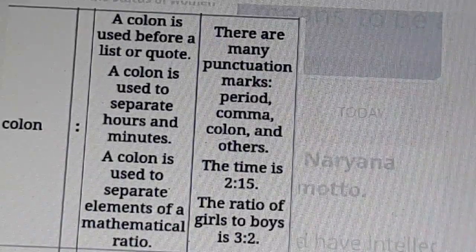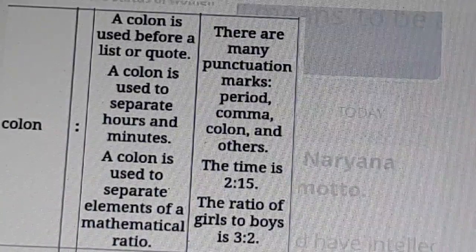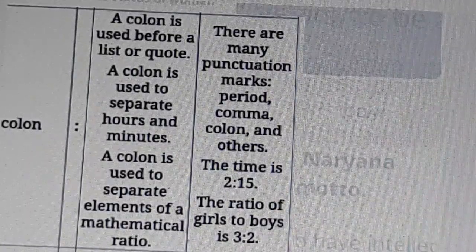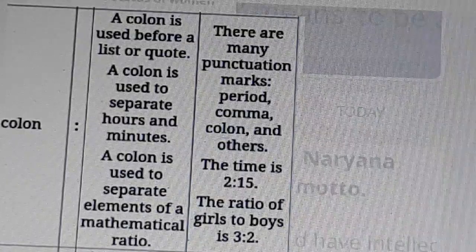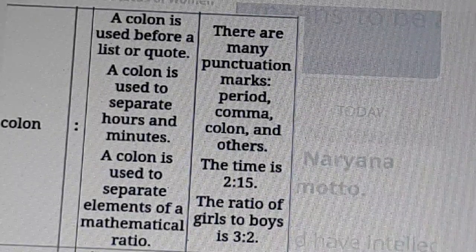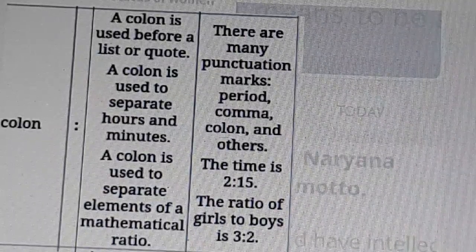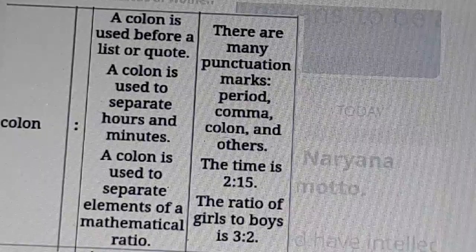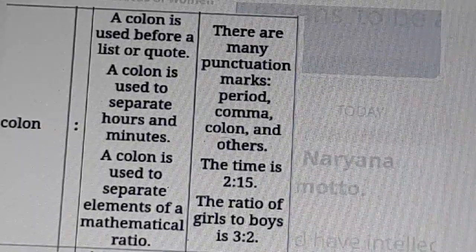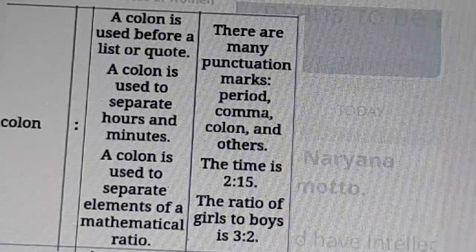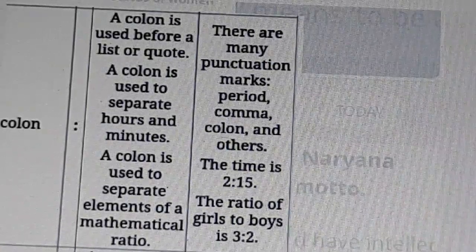Colon. A colon is used before a list or quote. A colon is used to separate hours and minutes. A colon is used to separate elements of a mathematical ratio. Here example, there are many punctuation marks.